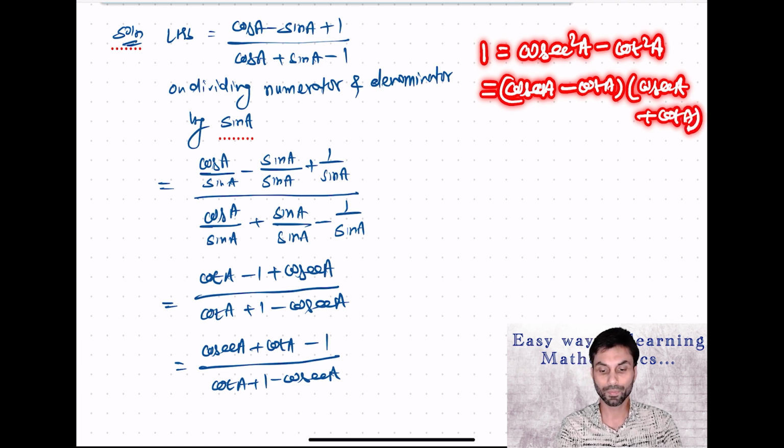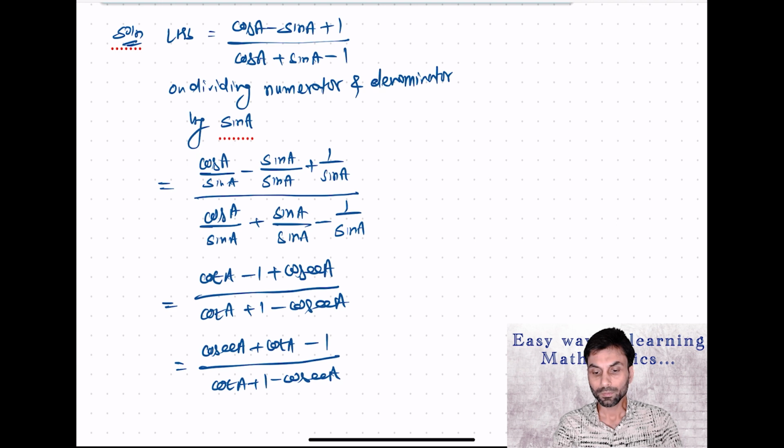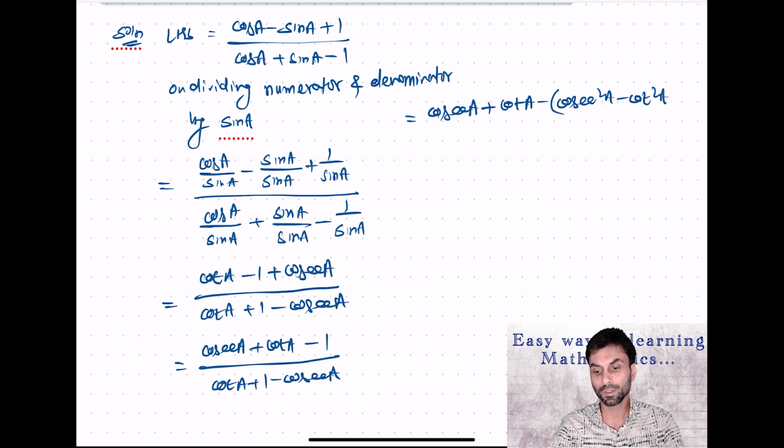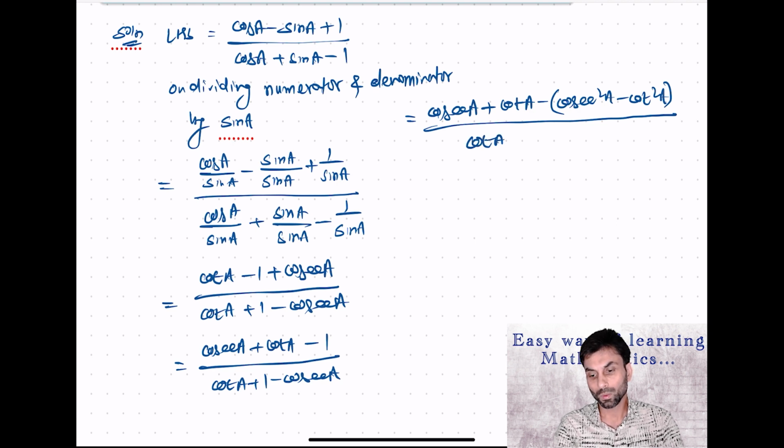So let's do that. This will be equal to cosec A plus cot A minus cosec square A minus cot square A divided by cot A plus 1 minus cosec A.